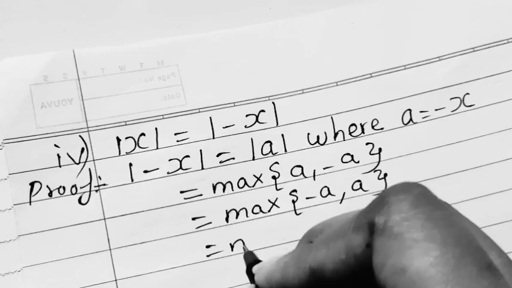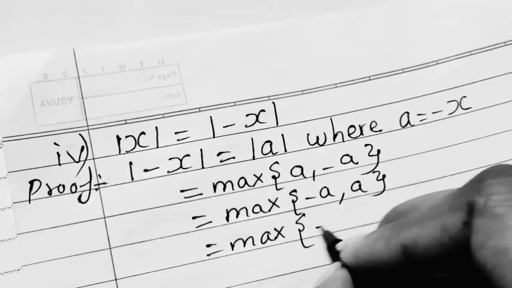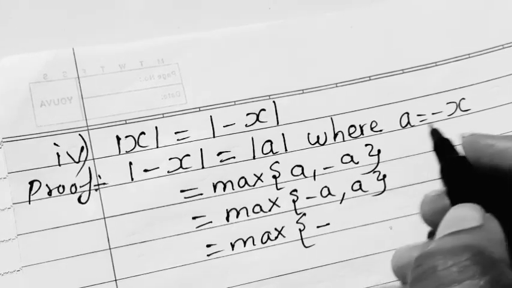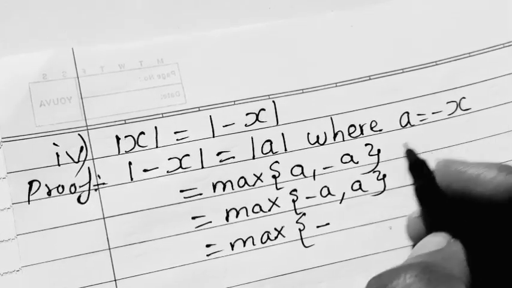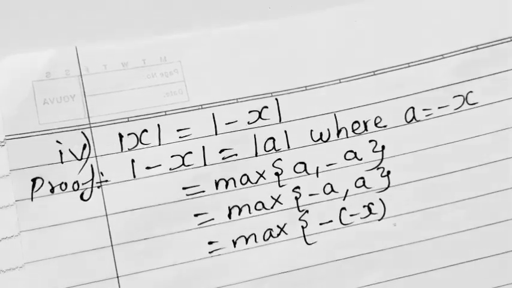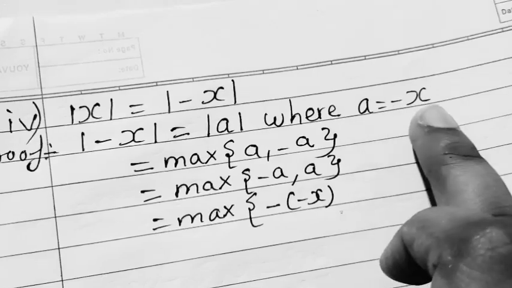So this is equal to the maximum of minus a, comma a. Now I can substitute the value because a is equal to minus x, right? So minus into minus x. I am just replacing this a by minus x.